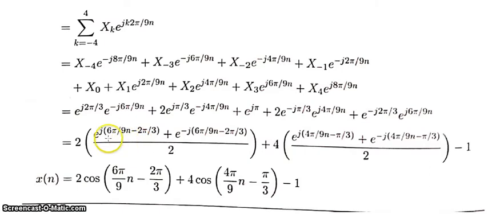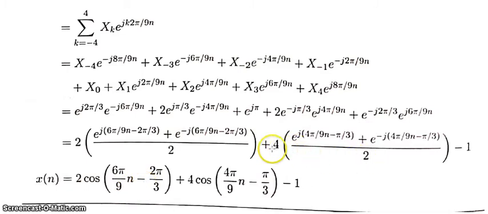We know e raised to j theta plus e raised to minus j theta, divided by 2, can be expressed as cos theta. Therefore 2 into e raised to j into (6 pi by 9 n minus 2 pi by 3) plus e raised to minus j into (6 pi by 9 n minus 2 pi by 3), divided by 2, is grouped as cos of (6 pi by 9 n minus 2 pi by 3).